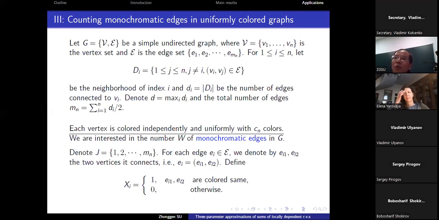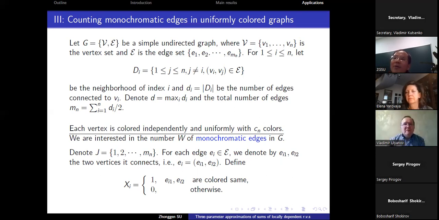So we have a nice dependent structure, right?